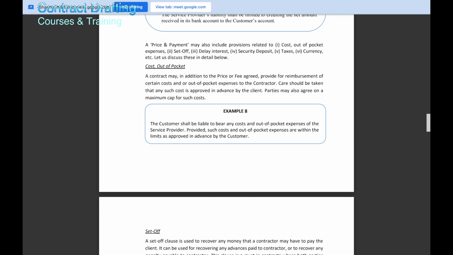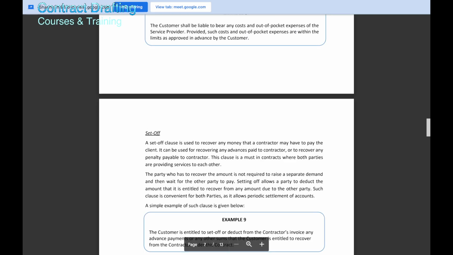Because there may be a situation where client may want to recover certain damages from the contractor, so that payment will be coming from the contractor. So in that case, client may want to have a set off clause that any amounts that is to be paid by the client can be set off against any dues or damages payable by the contractor.